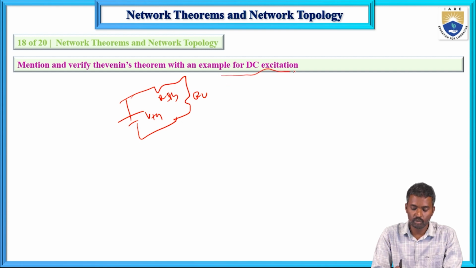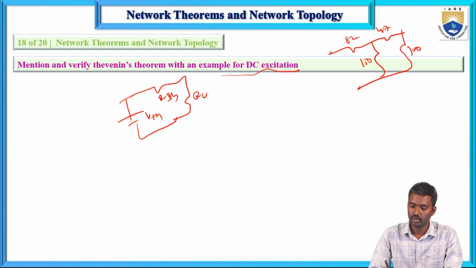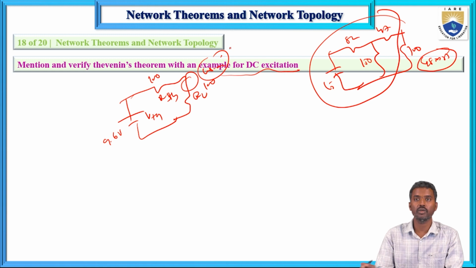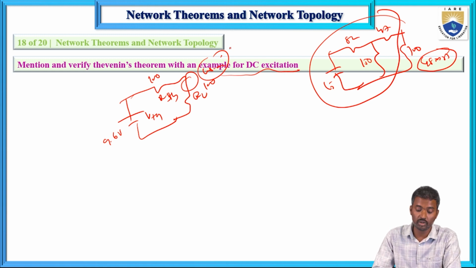So take one example: 82, 150 and 47, this is 100, and this is 15 volts. For this circuit I verified 48 milliamps, and the Thevenin voltage is 9.6 volts with 100 and 100. Here also 48 milliamps. You can use this circuit in our laboratory and verify that.